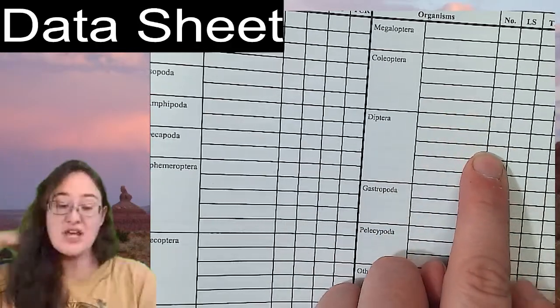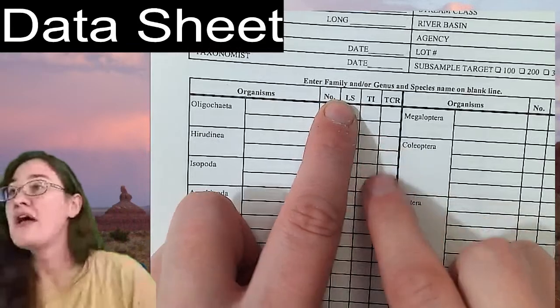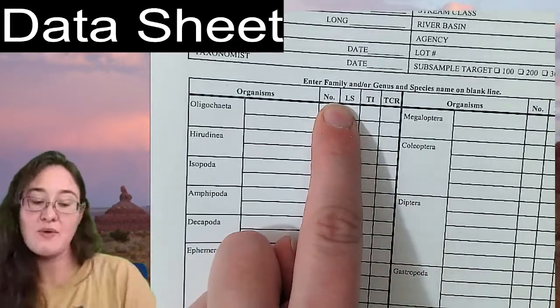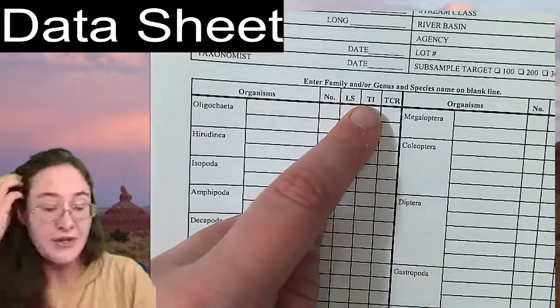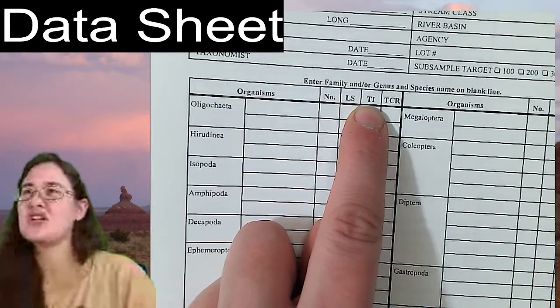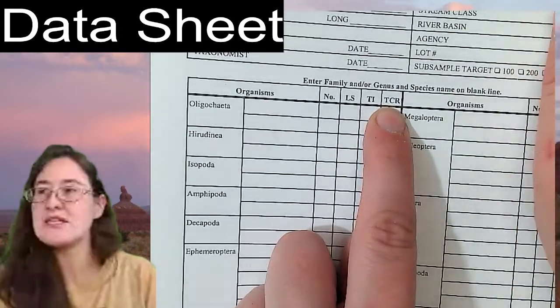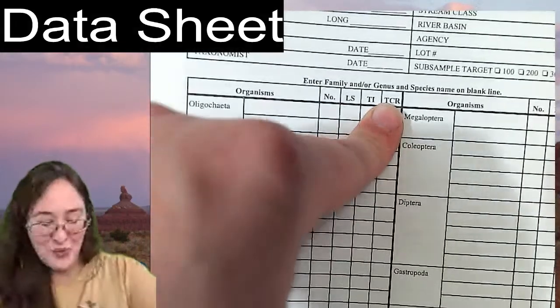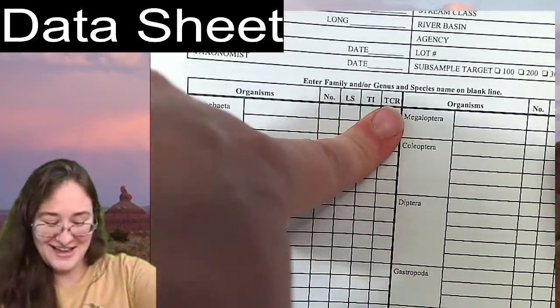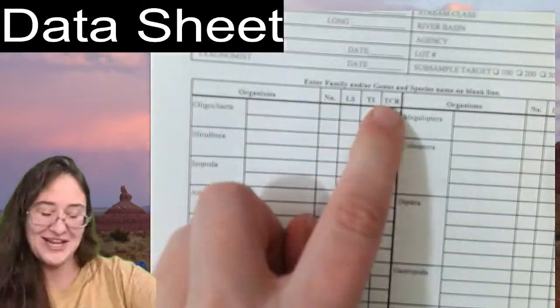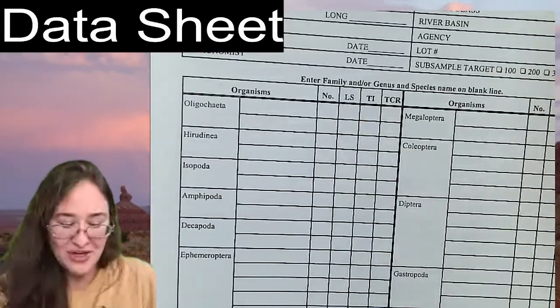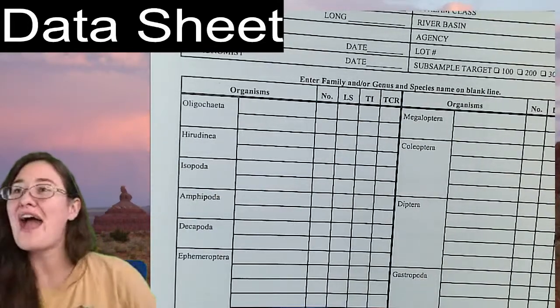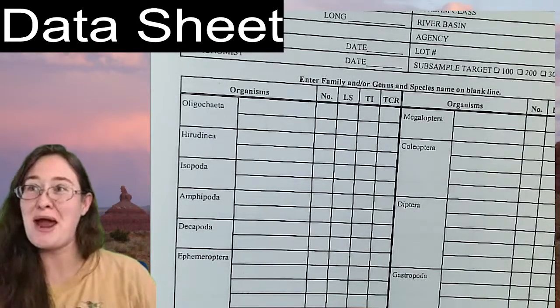You give yourself a number. That's NO. LS means life stage, so whether it's a grub or an adult. TI is just your initials, and then the TCR, I always laugh about this, we call it the taxonomic certainty rating, which is just 1 to 5, how certain are you that you identified that properly?